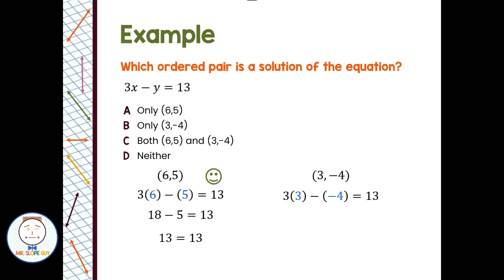Let's just write them down, take it one piece at a time. So 3 times 3 is 9, minus negative 4 is plus 4. 13 equals 13. So this one is also a solution. So in this case, both (6, 5) and (3, -4) worked great.